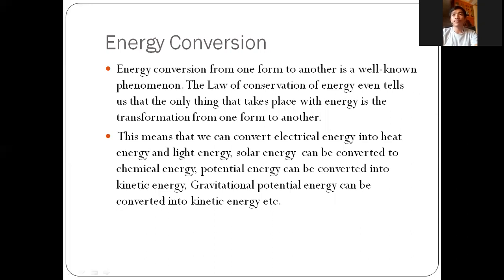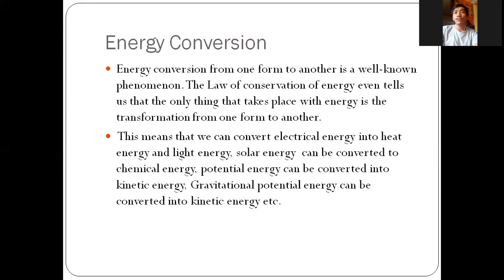Energy conversion. Energy conversion from one form to another is a well-known phenomenon. The law of conservation of energy tells us that the only thing that takes place with energy is the transformation from one form to another.